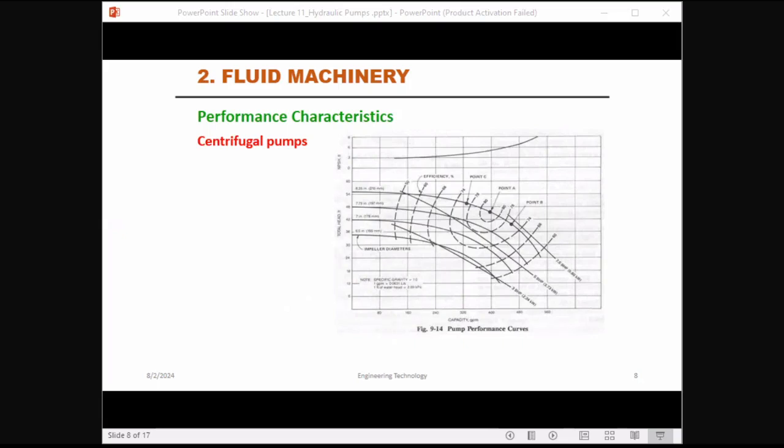Then the vertical axis is total head. Here you can see efficiency curves. These are efficiency curves.